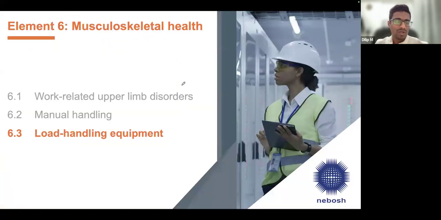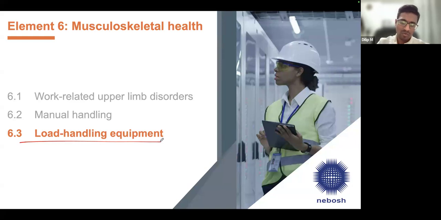So tomorrow we will continue with load handling equipment. What are load handling equipment and the different types like forklift truck, conveyors, lift, and mobile cranes. For each of these load handling equipment, what are the hazards and control measures?